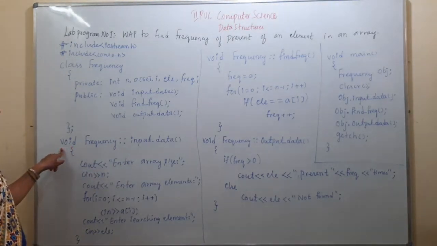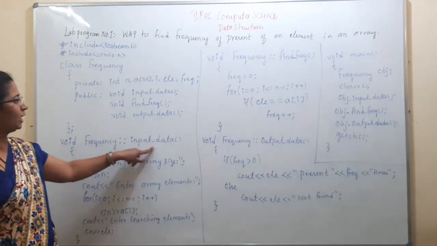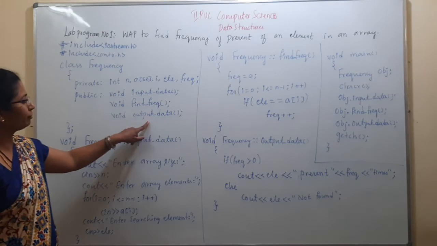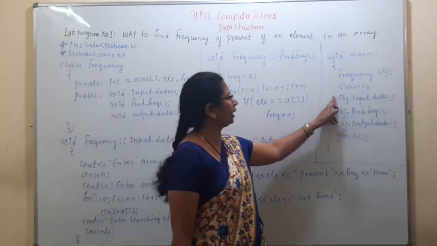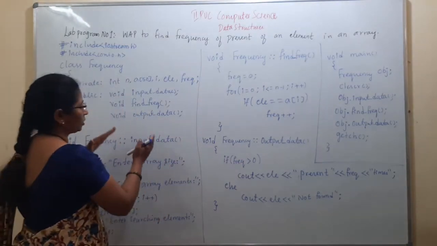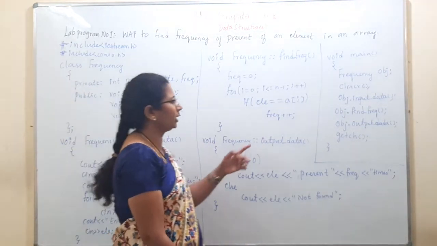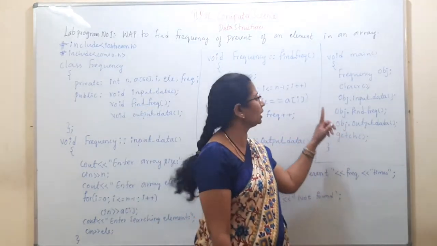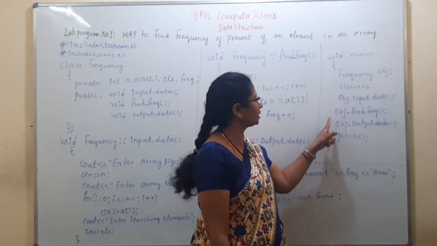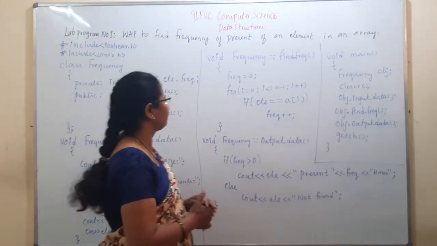The syntax is return type, class name, scope resolution operator, then the function name. The order of writing the functions and the invoking method should be proper. Input, output and frequency you can write anywhere, but the invoking method is compulsory: first input, then process, then output. Find frequency is a process.